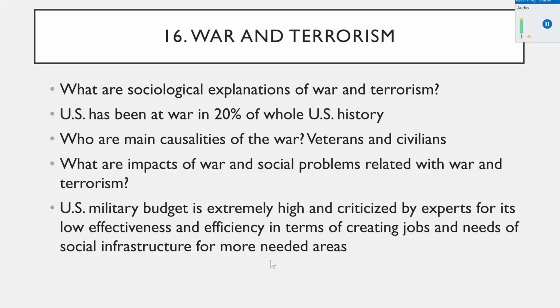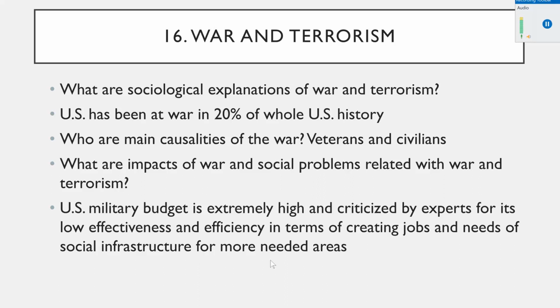And what are solutions to prevent war and terrorism? The U.S. military budget is a big problem because it's extremely high and criticized for its effectiveness and efficiency, even though it costs a lot. The supporters of the military budget say it is very important to secure national security.